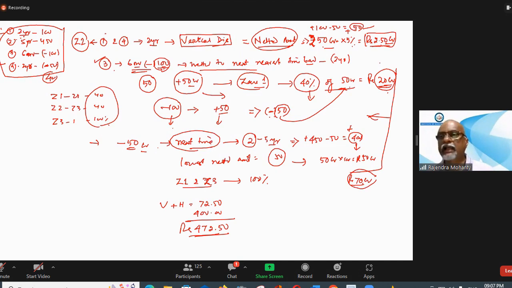As far as vertical disallowance is concerned, we have 2.5 crore. So vertical plus horizontal disallowance becomes 72.50. And this 400 is already there, as we are carrying short position and long position. So 400 plus 72.50, the total market risk capital is 472.50.